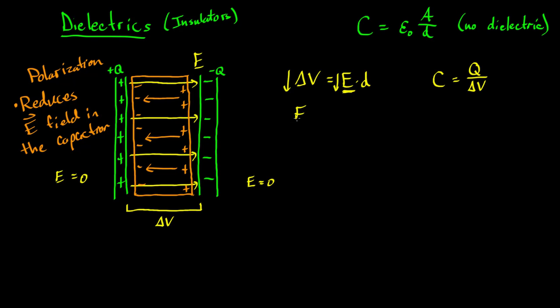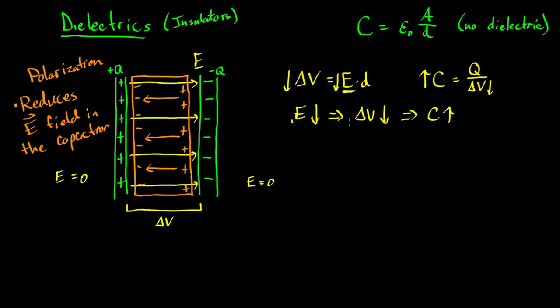And if the potential difference gets smaller, it's inverse to the capacitance, so the capacitance has to get bigger. This is the chain of reasoning: polarization reduces the E field, reducing the E field reduces the potential difference, and reducing the potential difference increases the capacitance.